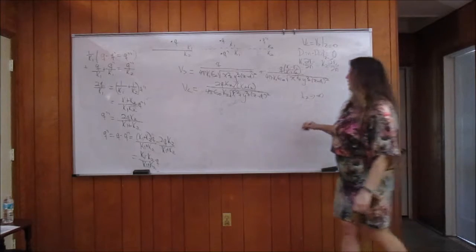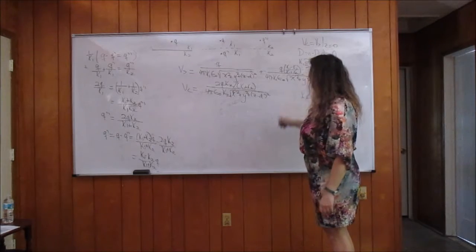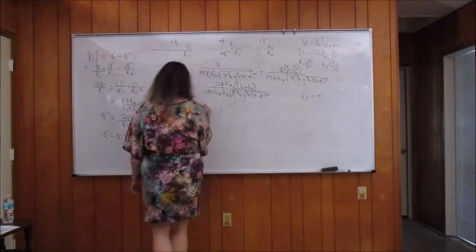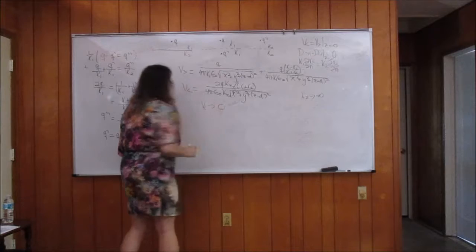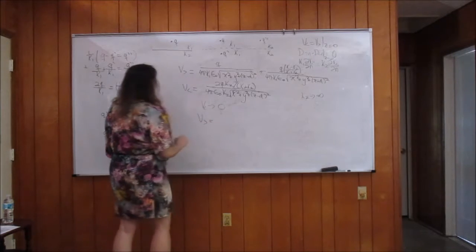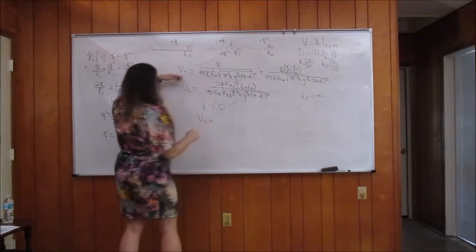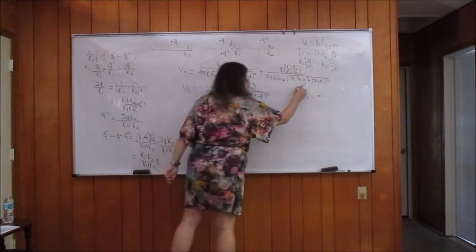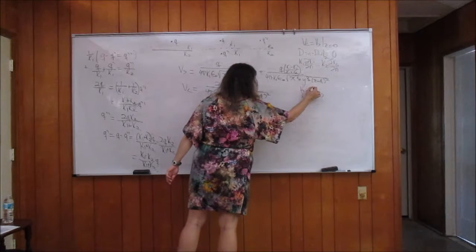So what happens there? Well, if k2 gets very large, this one below is going to go to 0. Above, however, let's assume that we've got a vacuum above. So we've got a vacuum above and a conductor below.